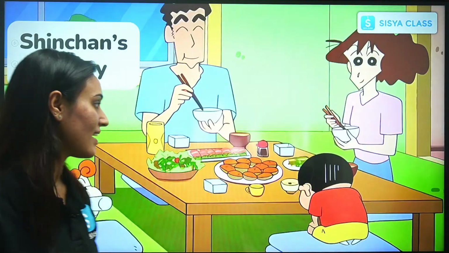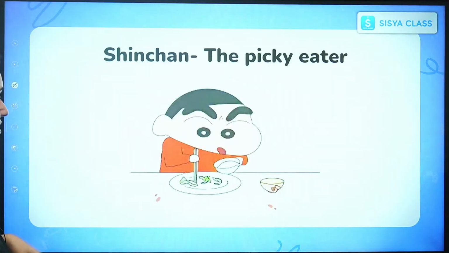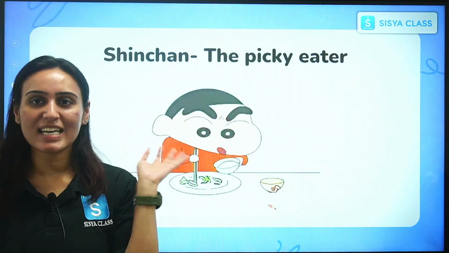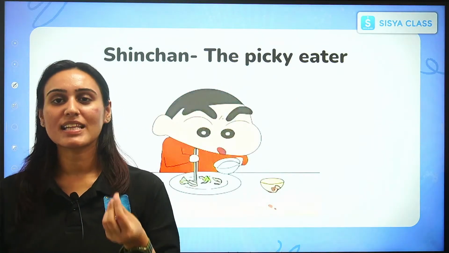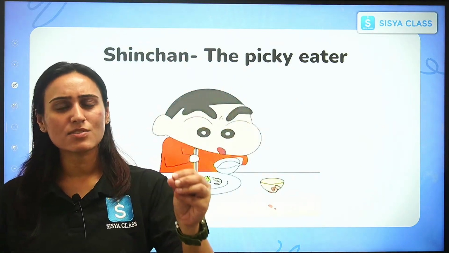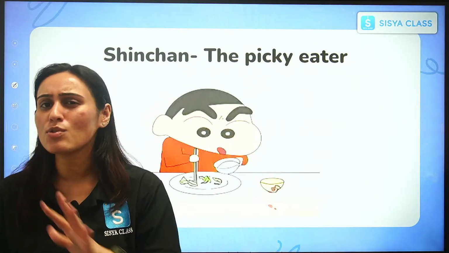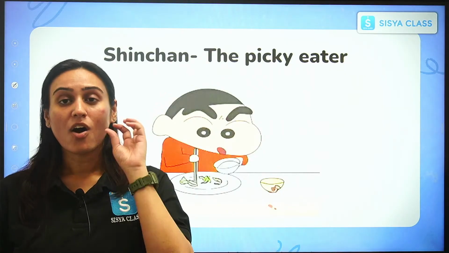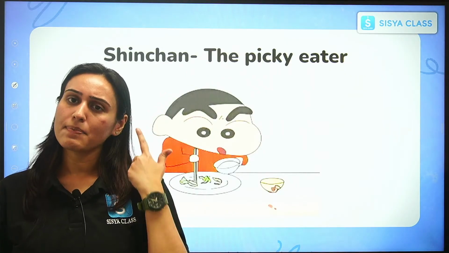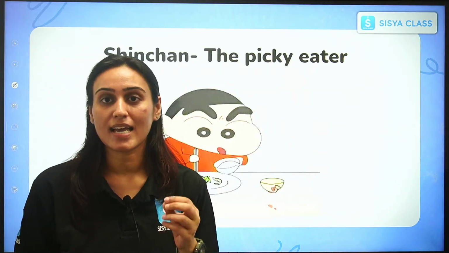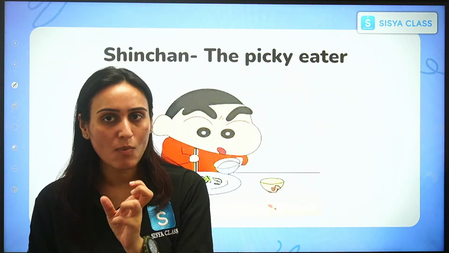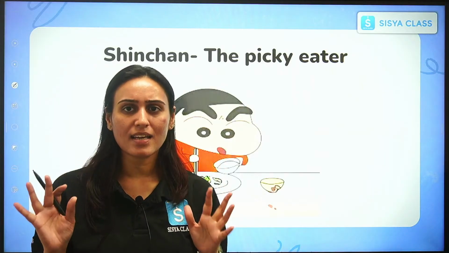Let's see. Okay. So we are picking out the green peas that we don't want. Just like Shinchan, we are using the hand picking method. That means all those unwanted things that you don't want in your food or in your mixture, you can separate them out easily. Why? Because they are big enough that you can see them, right? And they are present in such small quantity that hand picking can work here.